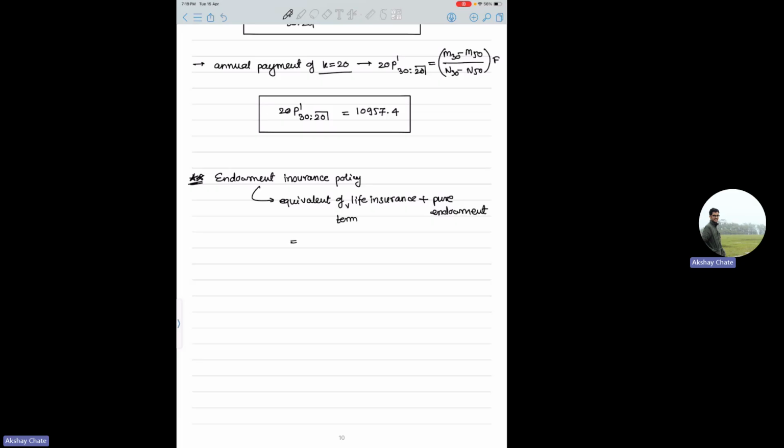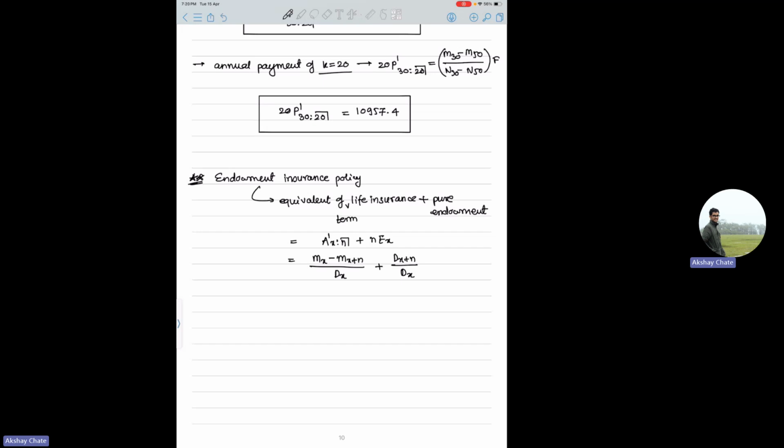Doesn't matter. Basically, if you survive, you'll get something. Otherwise, you get the endowment payment. So basically, this is plus this, our previous formula, and you can use these formulas. Again, x is your age, n is the term of your term life insurance, and similarly you have this formula.